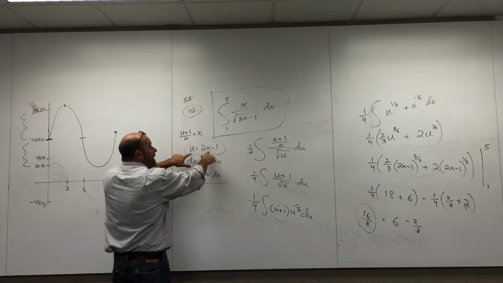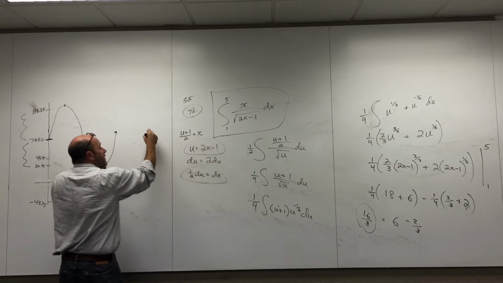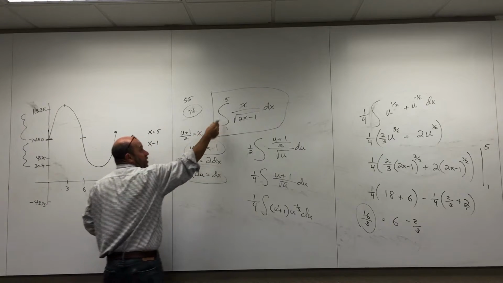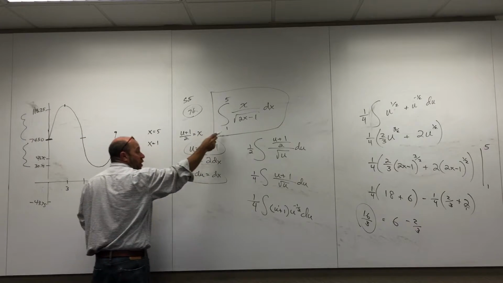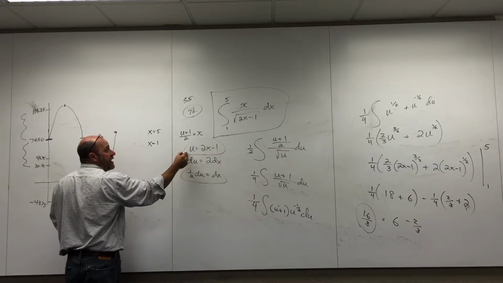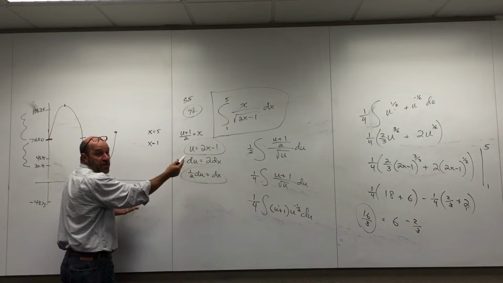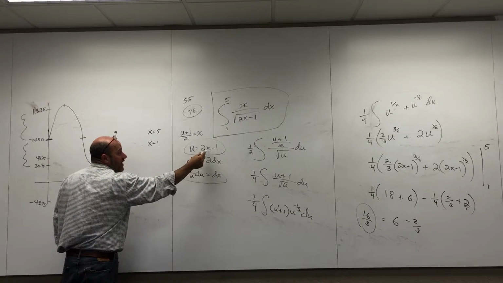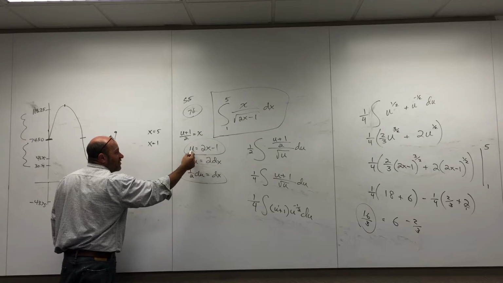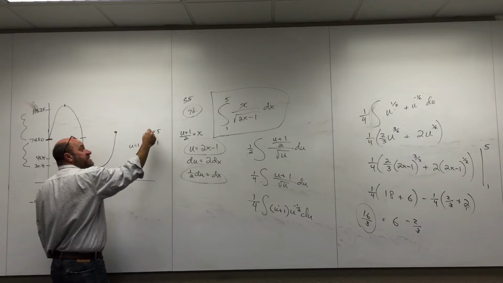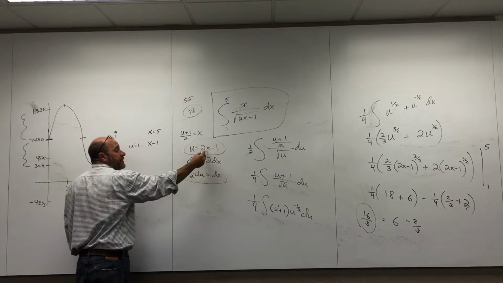Now watch. x was a 1 and a 5, that's what they were. That was my lower bound and upper bound, 1 and 5. If I use this relationship right here, I can find the corresponding u values. When x is 1, plug it in, what's u? 1. Oh, u happens to be 1. That's just a coincidence. When x is 5, what is u? 9.